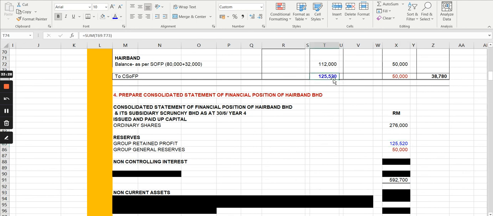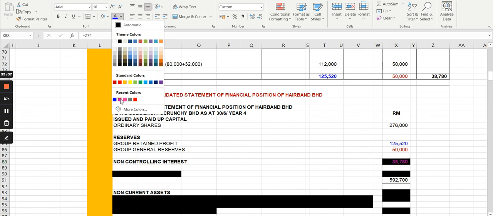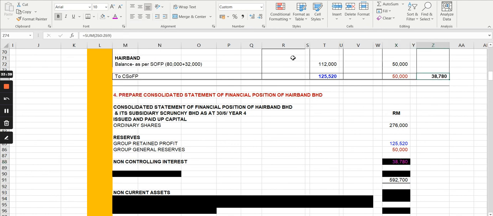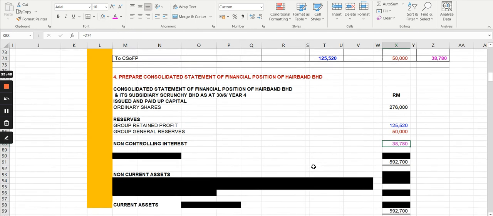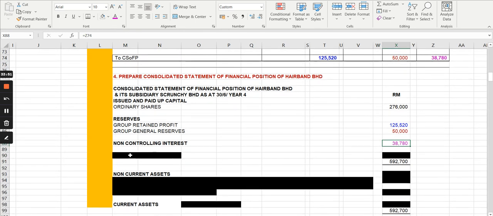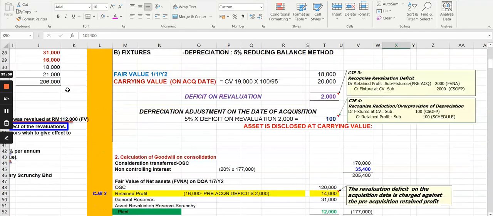Retained profit from here, and the non-controlling interest will also be disclosed under equity, and the non-controlling interest will be the one that you computed earlier, which is 38,780. The next part is to just add up the current liabilities. So 102,400.